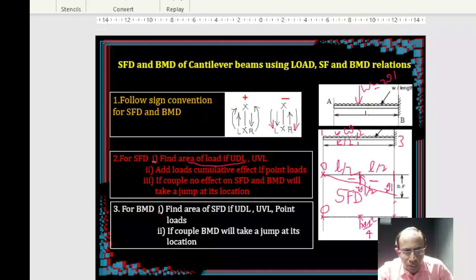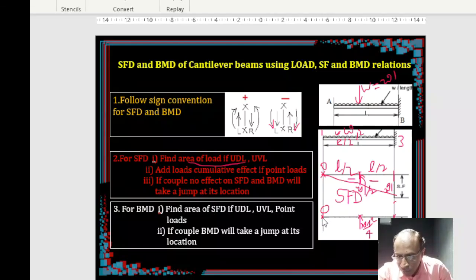So then the ordinate you are getting is WL square by 2, half times WL times L. So you got this first ordinate 0, second ordinate WL square by 4, third ordinate WL square by 4.